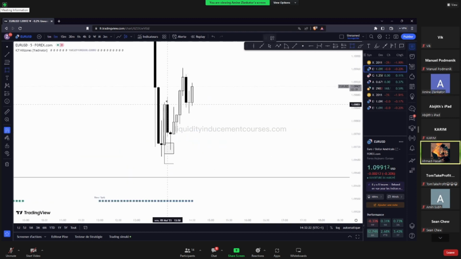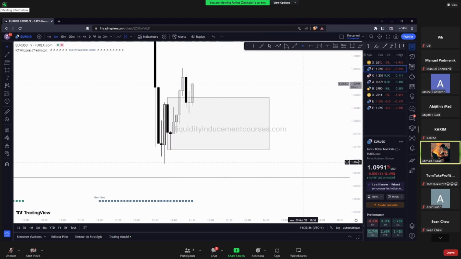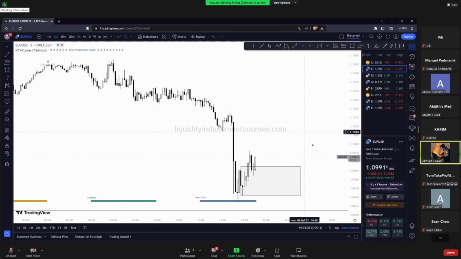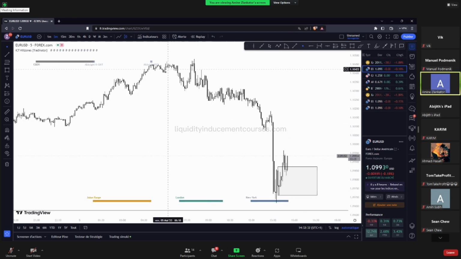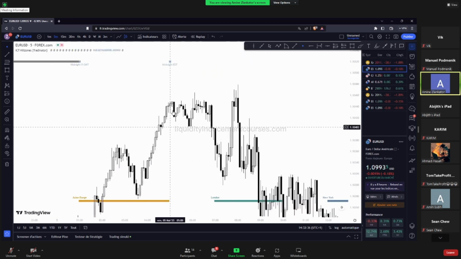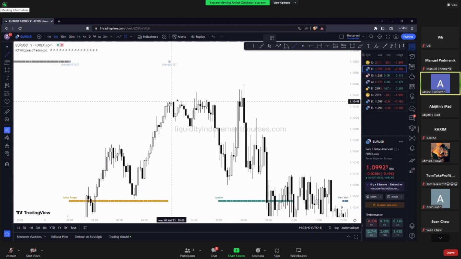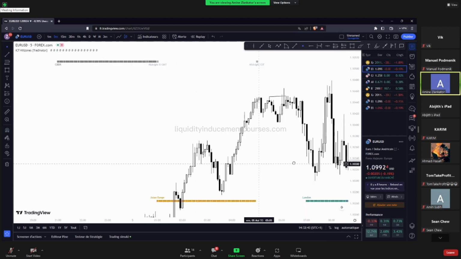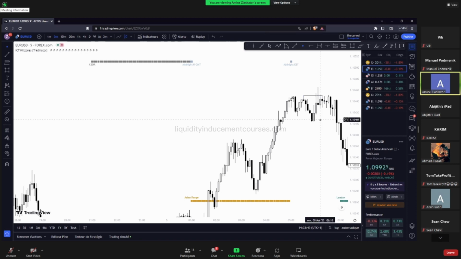For the TP, we can use previous daily or equal highs, daily equal lows, Asian range. Yeah, as you can see, price here. What did it do today? Asia, and then price on London. As you can see, Asia got taken before London. But does that count?